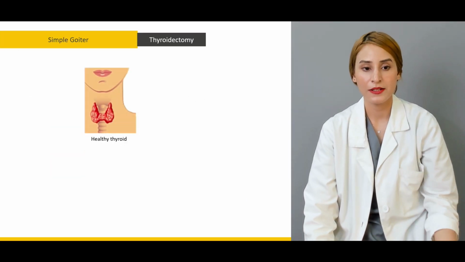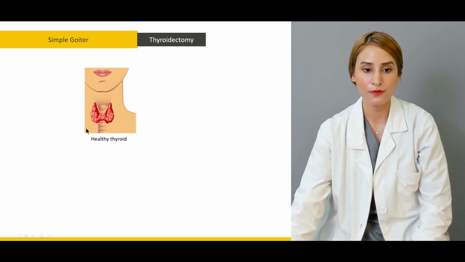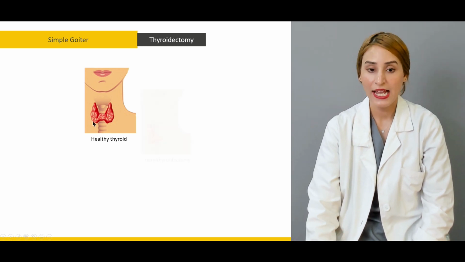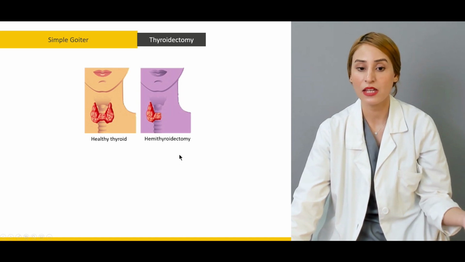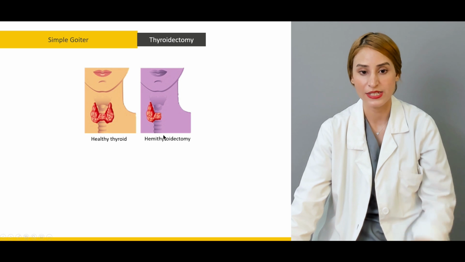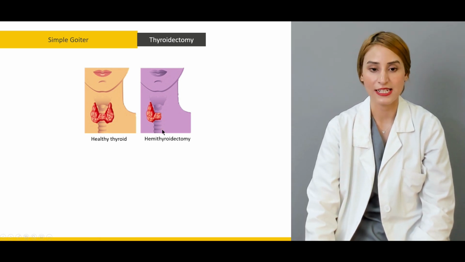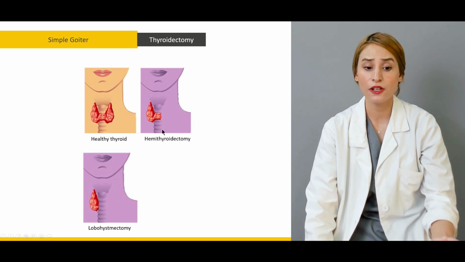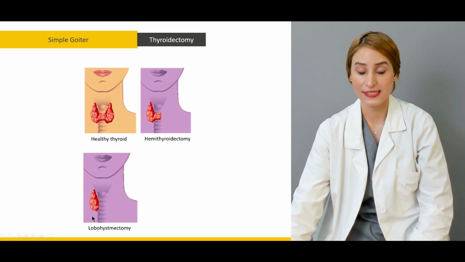So there's another diagram for you guys. You can see a healthy thyroid. These are the lobes of the thyroid with the isthmus. And in the next diagram, this is a hemithyroidectomy or subtotal thyroidectomy, and this is basically the isthmus and the lobe which is left behind. This is a lobectomy, and one of the lobes along with the isthmus.